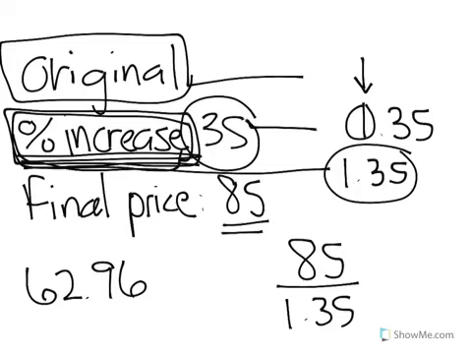Because it's money, we're going to stop there. That's $62.96. On your calculators, it actually looks like 62.962962, and so on and so forth. But because it's money, we're going to terminate right there. That's it. It's that simple.